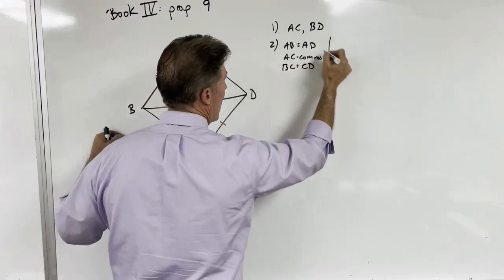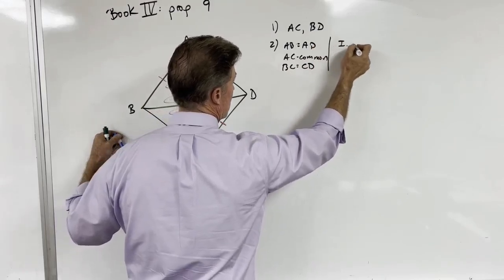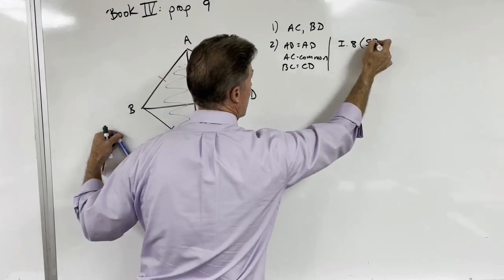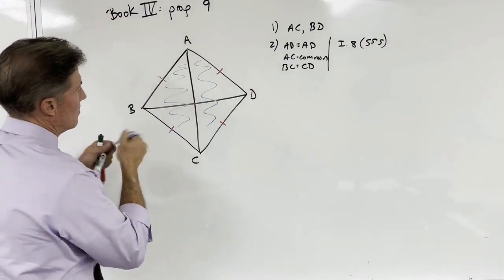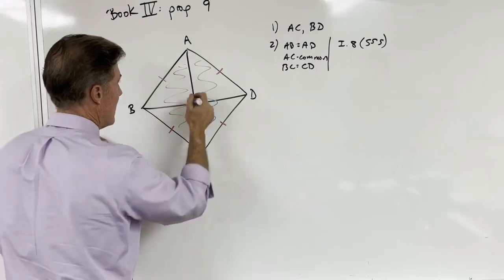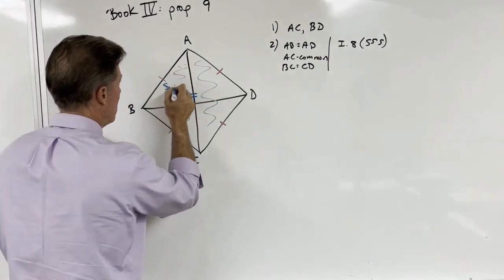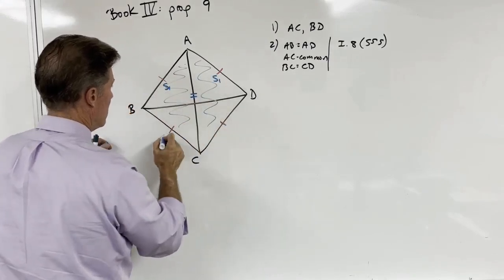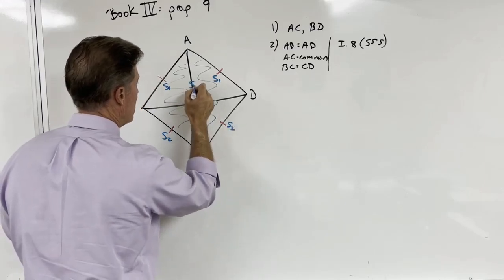In which case we have three sides equal to three sides respectively. This should remind us of Book 1, Prop 8, our side equality of triangles. So here we have side 1 equal to side 1, side 2 equal to side 2, and side 3 here is in common.